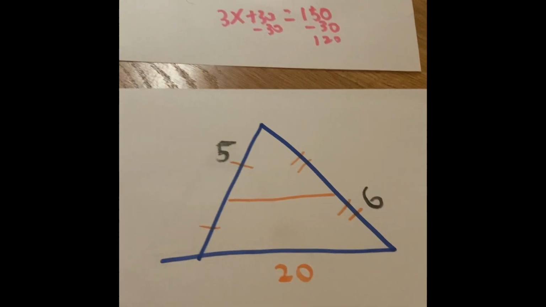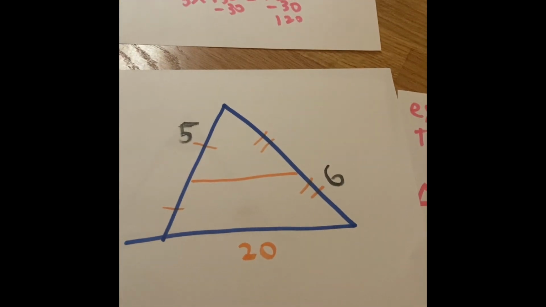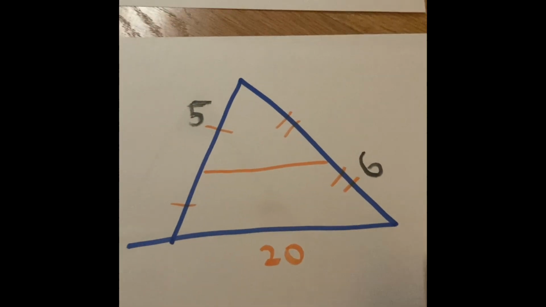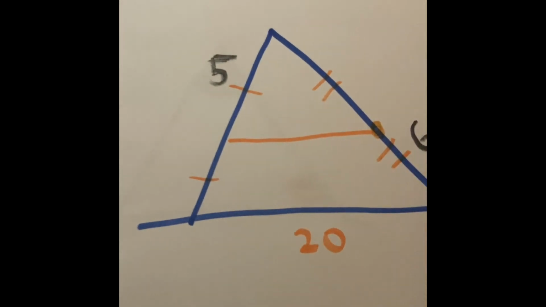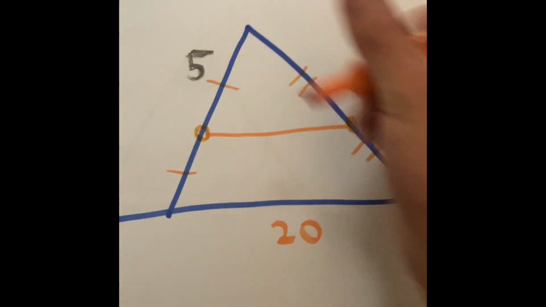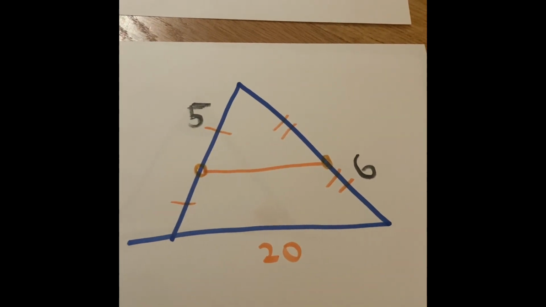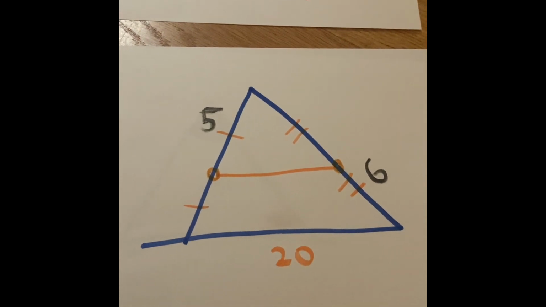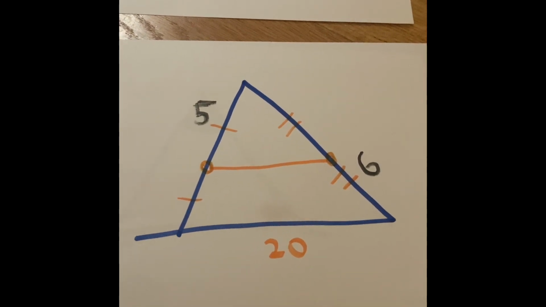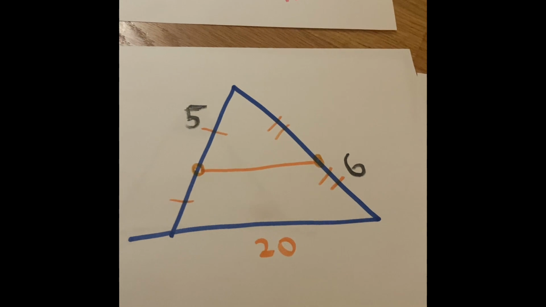So, a segment connecting two midpoints of two sides of a triangle. So here's midpoint number 1, and here's midpoint number 2. And that is going to be parallel and is 1/2 the length of the third side.